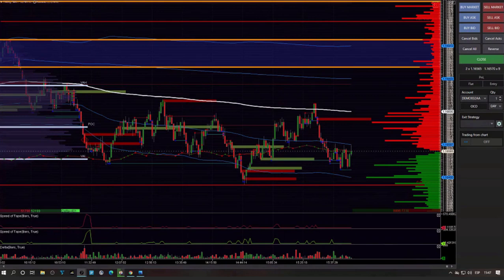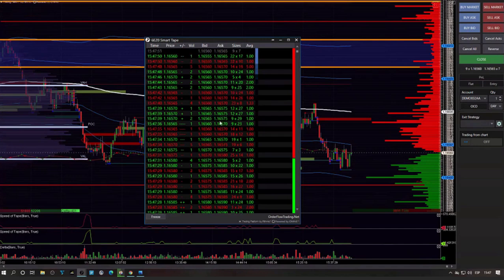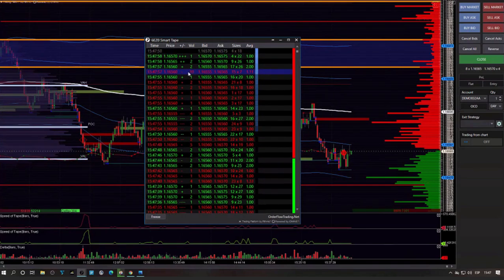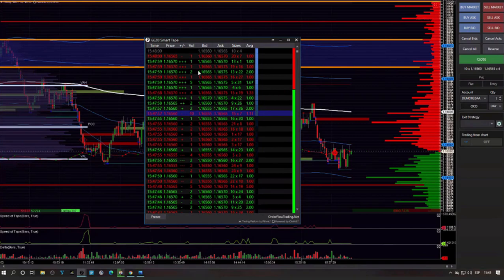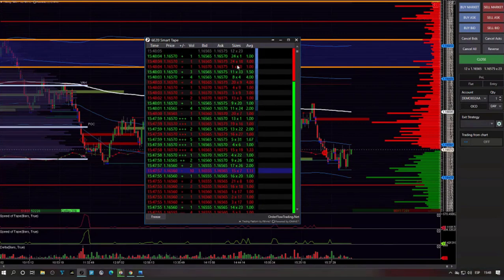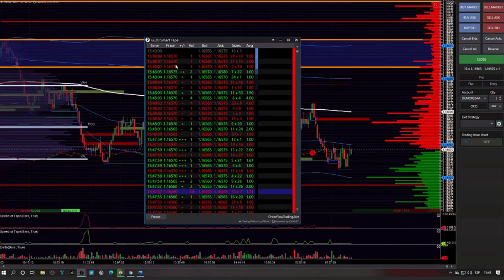If you don't know what the tape is, let me show you. This is the tape, and it registers every trade that is made on the market in real time. So you can see here every trade being taken in real time, how many contracts, the price, and the size of those trades. We can see everything here.